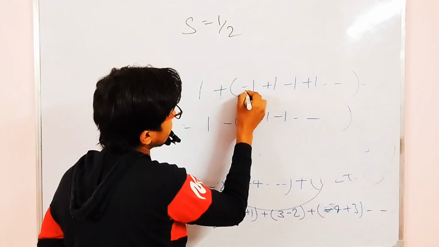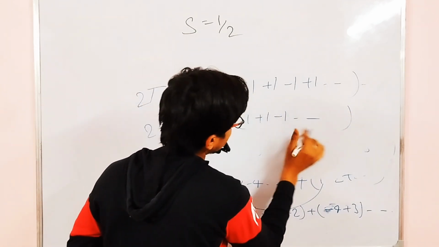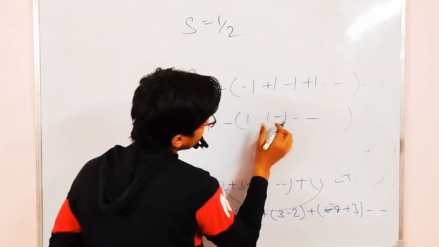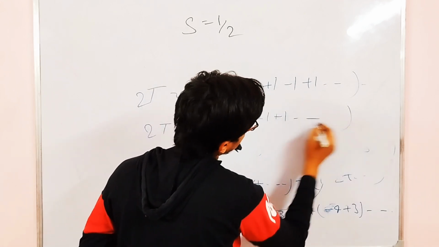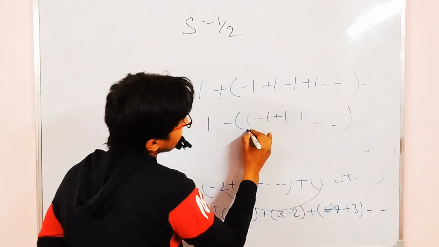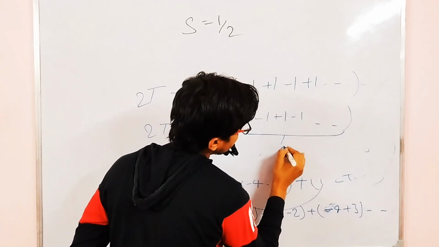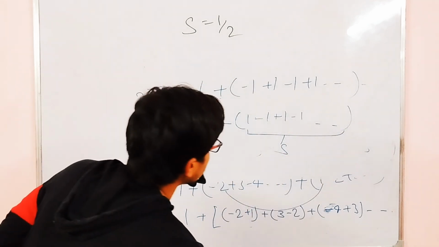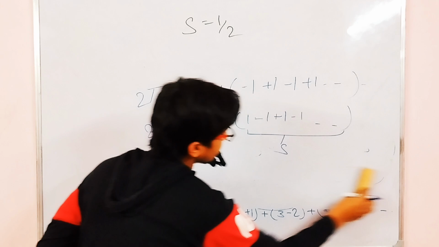I have taken the negative common outside, and this becomes the same series, the Grandi series again. So we can say this is again S.